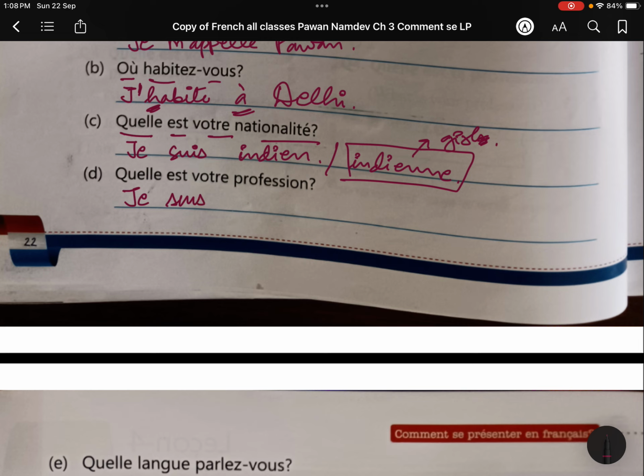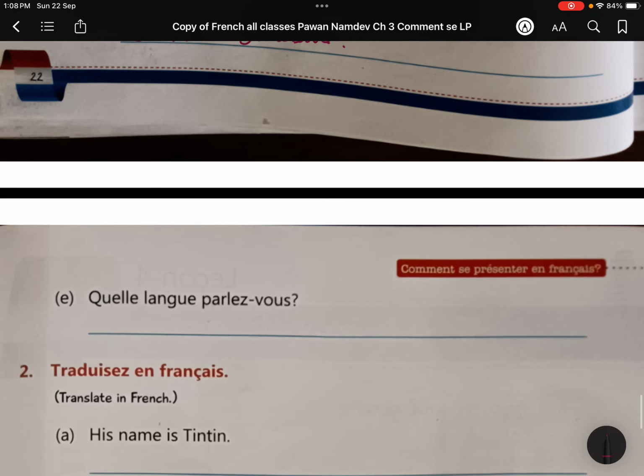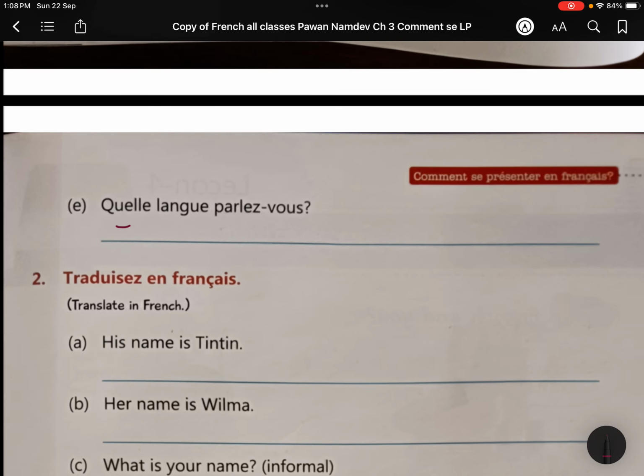Je suis étudiant. I am a student. Quelle langue parlez-vous? Which language do you speak? Je parle français. I speak French.